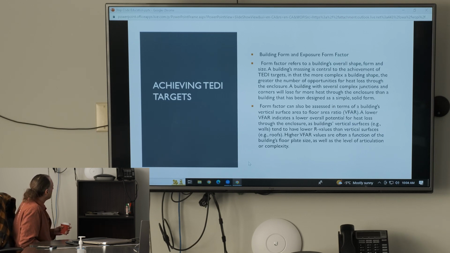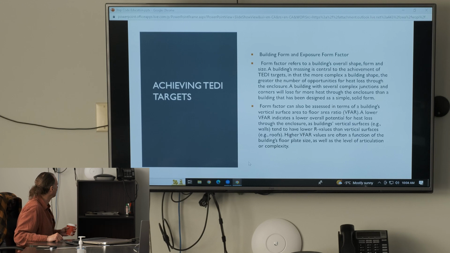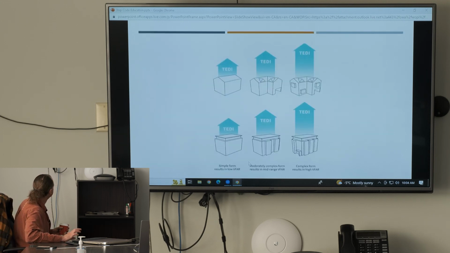Form factor can also be assessed in terms of a building's vertical surface area to floor area ratio, VFAR. A lower VFAR indicates a lower overall potential for heat loss through the enclosure, as buildings' vertical surfaces, for example walls, tend to have lower R values than horizontal surfaces, for example roofs. Higher VFAR values are often a function of the building floor plate size as well as the level of articulation or complexity.